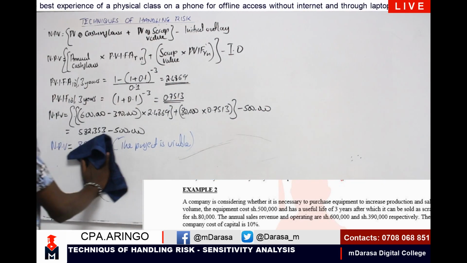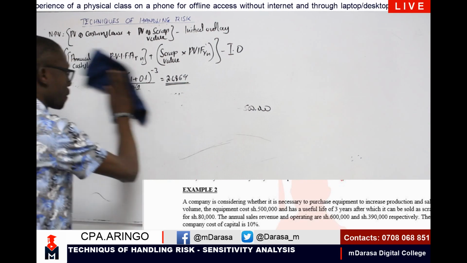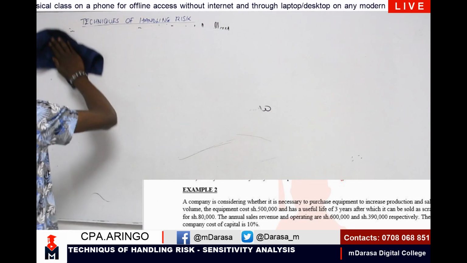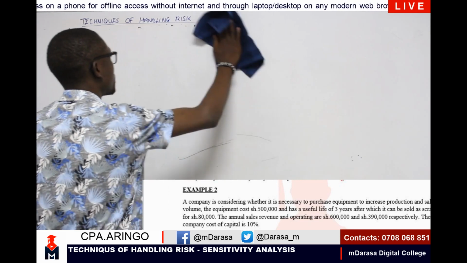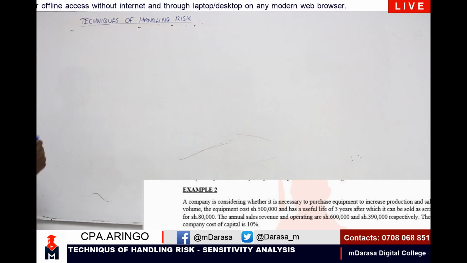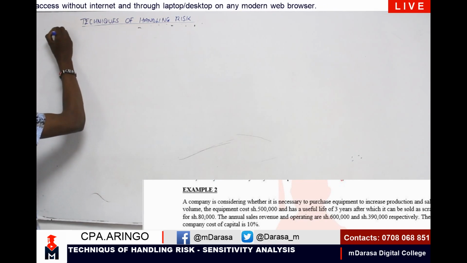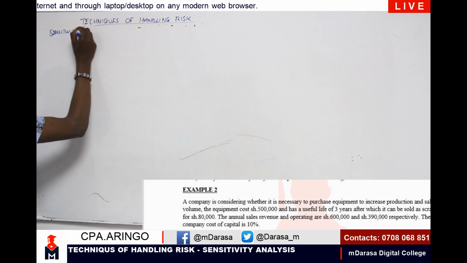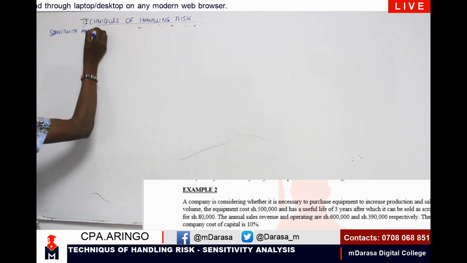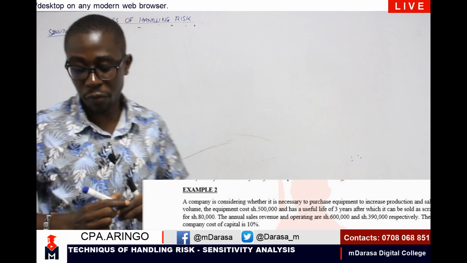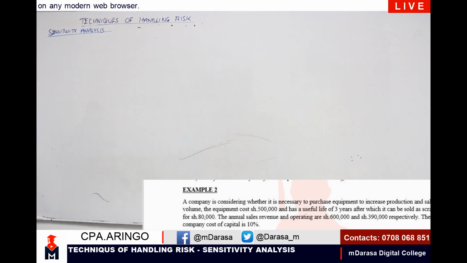So allow me to erase here. We need to conduct sensitivity analysis. So this is what we'll be having here: sensitivity analysis on the following variables. The first variable that the examiner had given us was what? The initial cost.